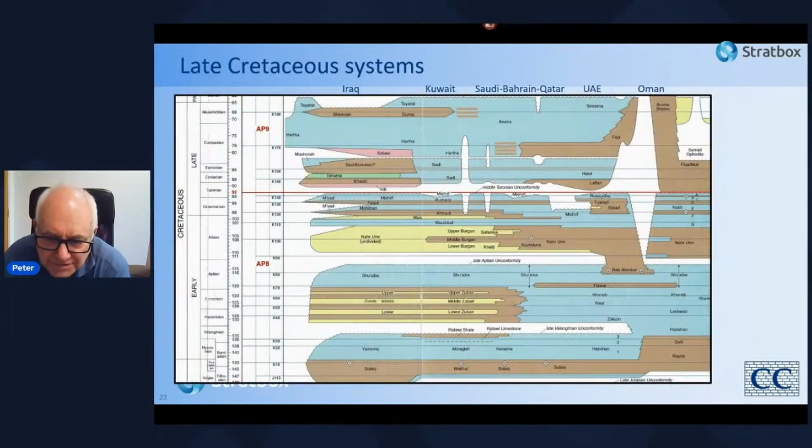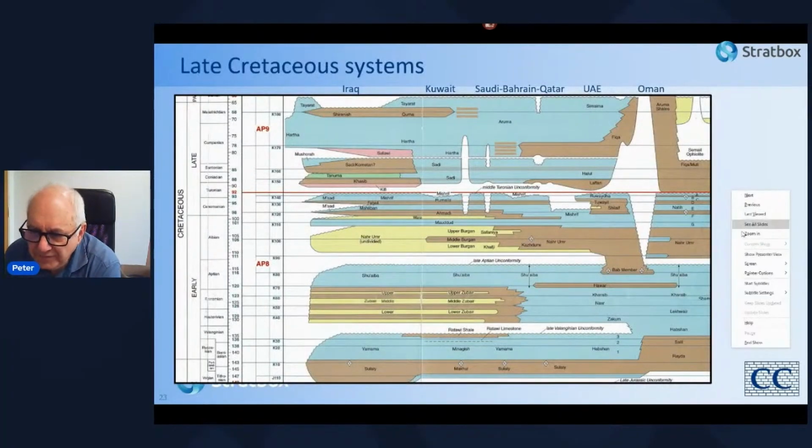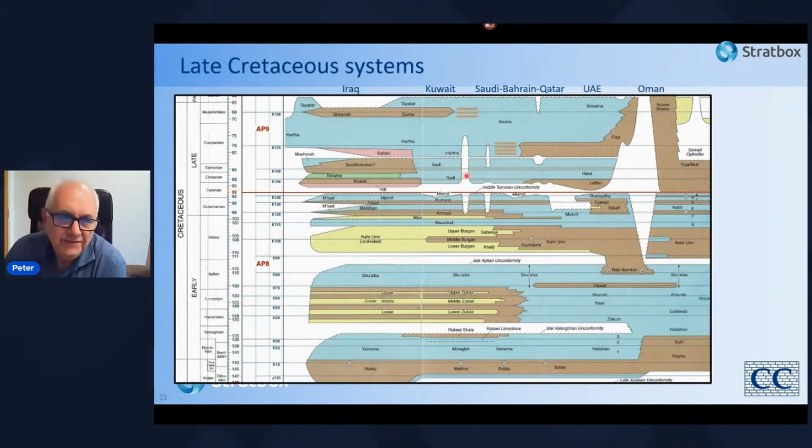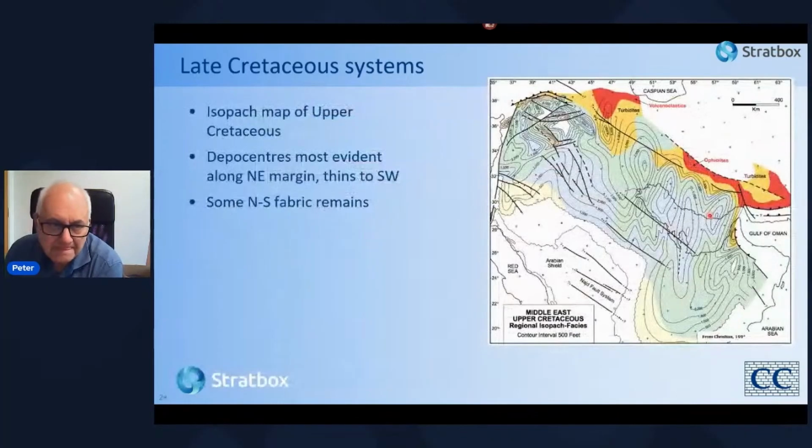Okay, I now want to finish off with a brief summary of the late Cretaceous AP9 mega sequences. This is an isopach map of the Upper Cretaceous, and deeper centres are most evident along the northeast margin, thinning to the southwest against the Arabian Shield.